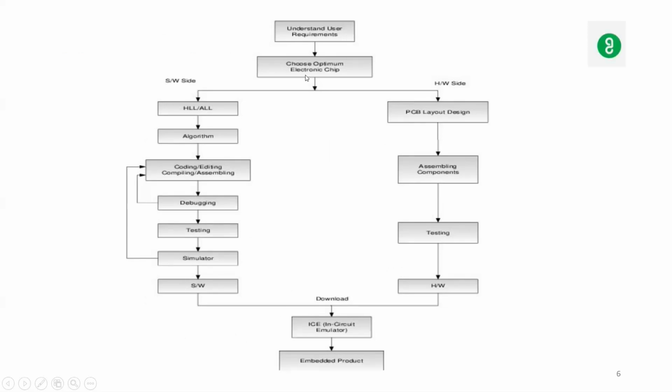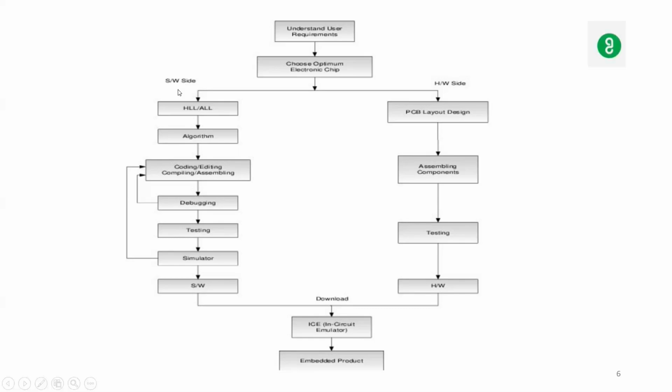There are different electronic chips already available, and we have to choose the chip according to the product. And what are the modules to be implemented on the software side, and what are the modules to be implemented on the hardware side? Both have to be decided here itself.